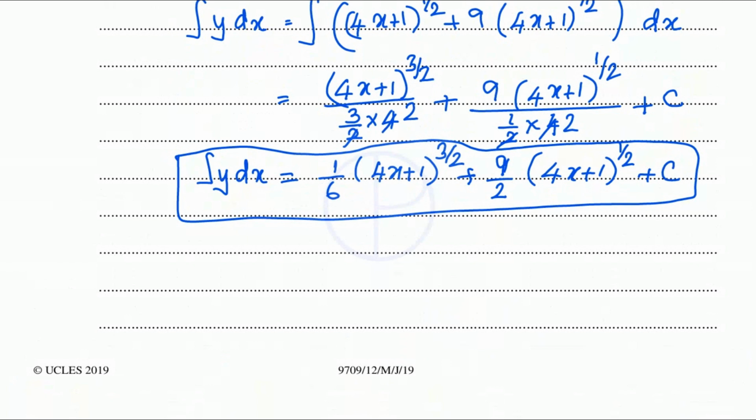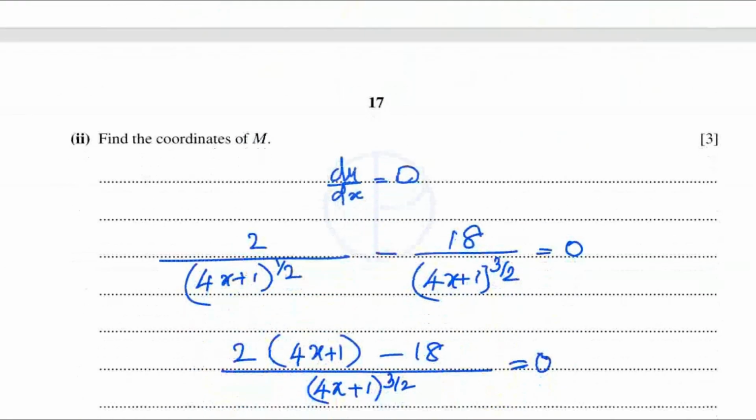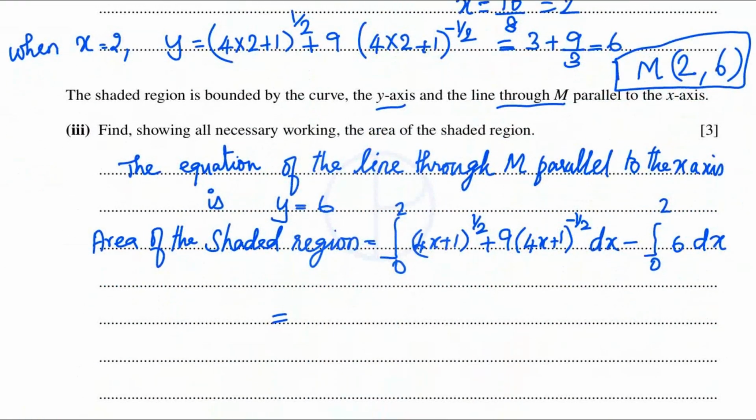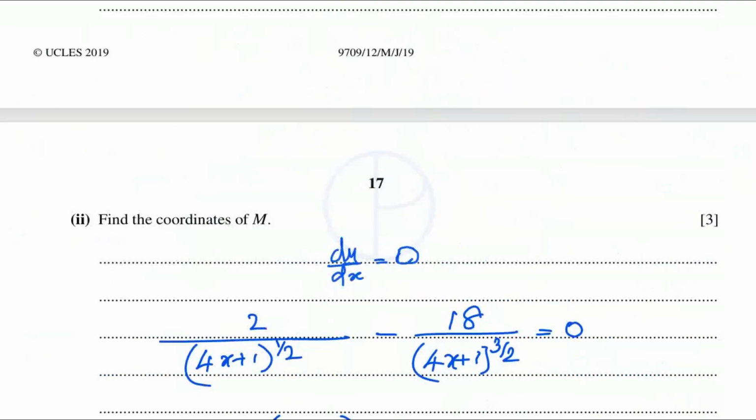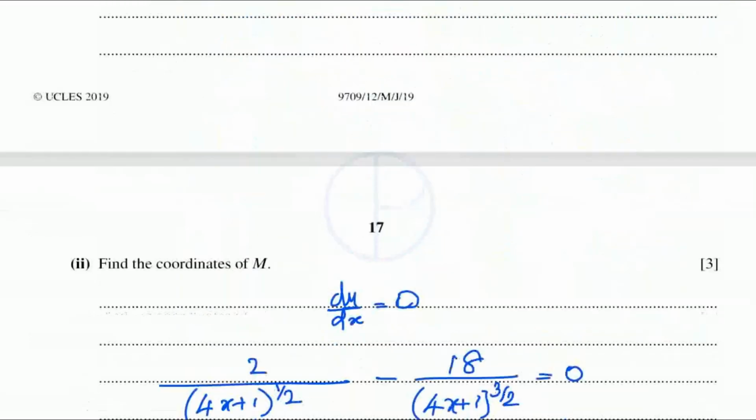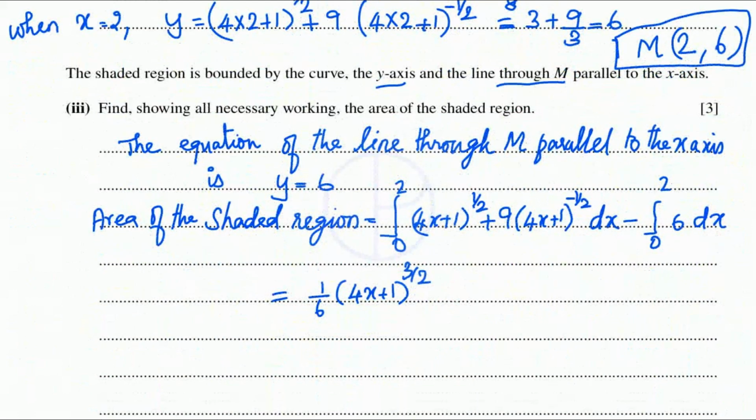So this is equal to 1 over 6 open bracket 4x plus 1 power 3 over 2 plus 9 over 2 4x plus 1 power 1 over 2.